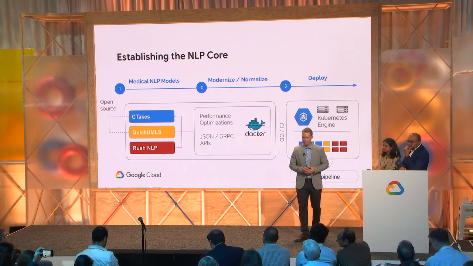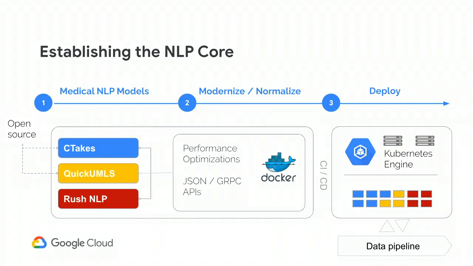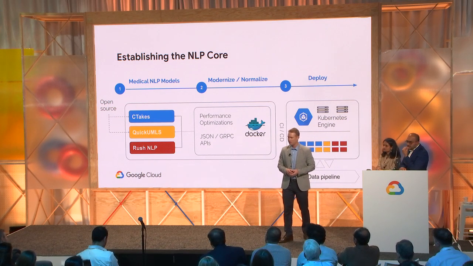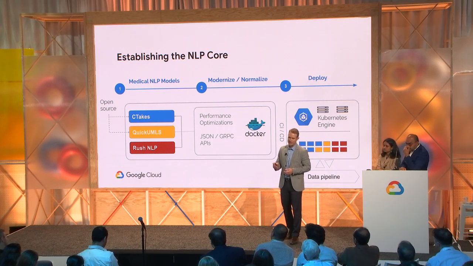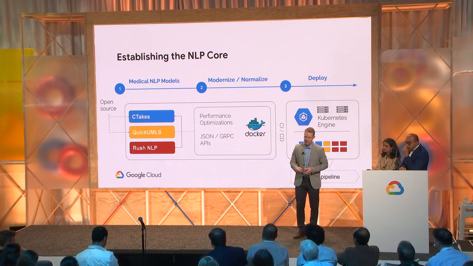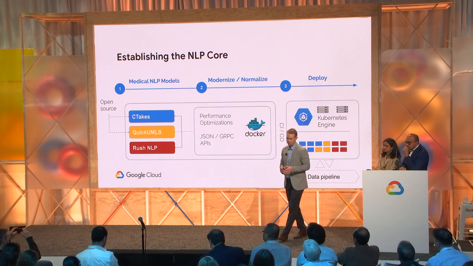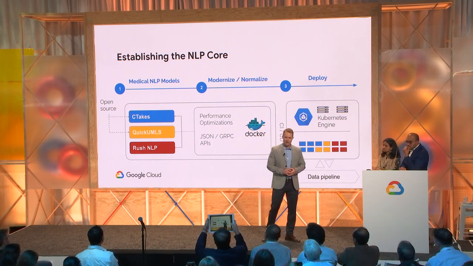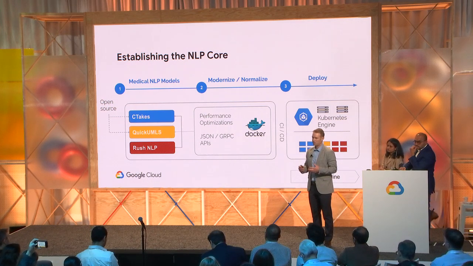So establishing the NLP core. Fortunately, there's been a lot of good work, I think Jawad mentioned, in the research hospitals and research organizations around this problem set. So we were able to use two open source technologies, cTAKES and QuickUMLS, and then augment that with some custom rule-based NLP for Rush. The bad news is that some of these technologies have evolved over the course of a decade or more. So they're monolithic.